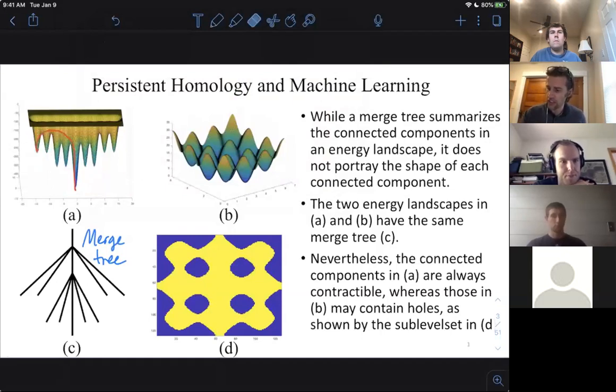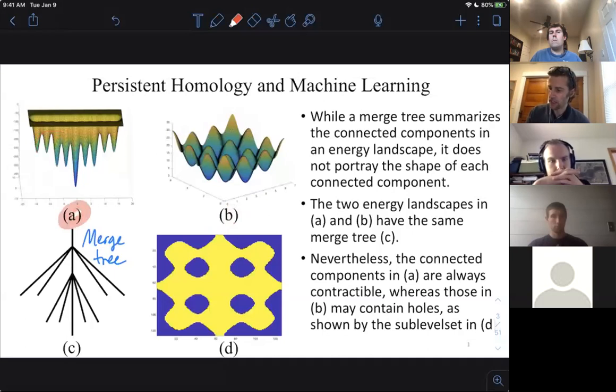So the merge tree, of course, gives you a lot of information about the landscape, but certainly not complete information. The merge tree is just tracking the connected components of the energy landscape. These two energy landscapes at the top, A and B, have the exact same merge tree.